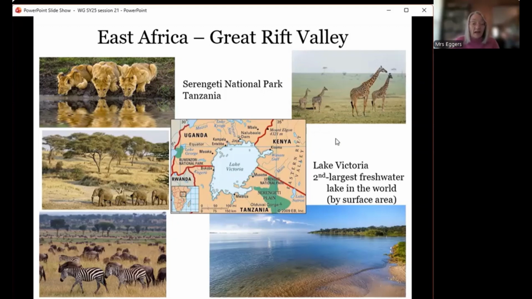Okay, Lake Victoria, I would write this down. Lake Victoria, second largest freshwater lake in the world by surface area. So Lake Superior in the U.S. is the largest freshwater lake by surface area, and then Lake Victoria is second. And look at all the countries in East Africa it borders. Right, Uganda, Tanzania, and Kenya.